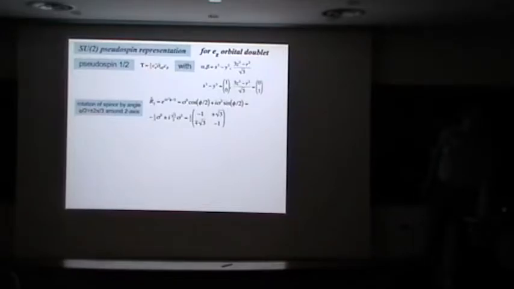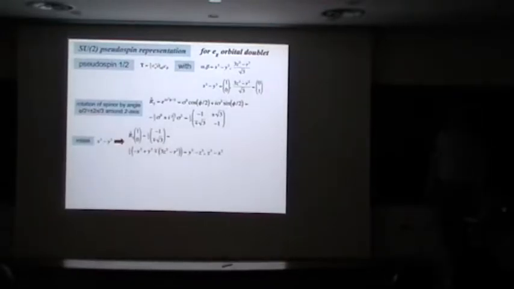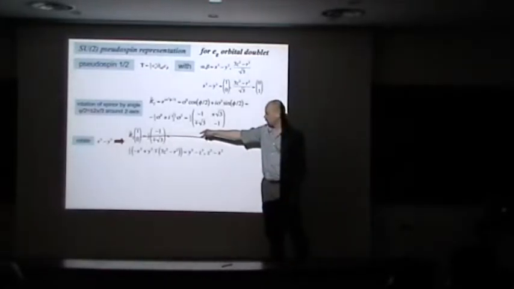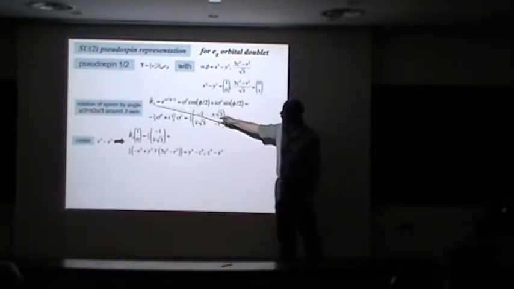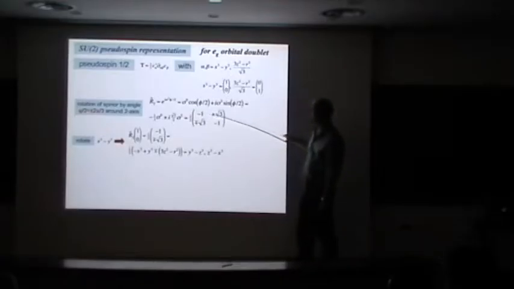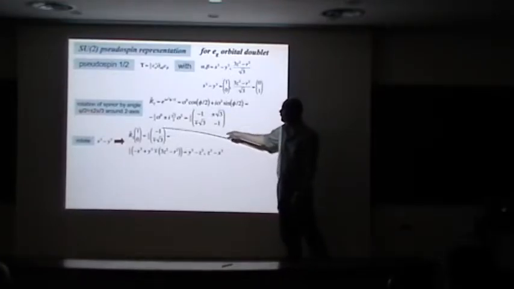Okay, so now let's rotate the spinor. Rotate x squared minus y squared. So apply R2, this rotation operator around the 2 axis. This operation on (1, 0), this is a matrix multiplication, and I get this spinor here.